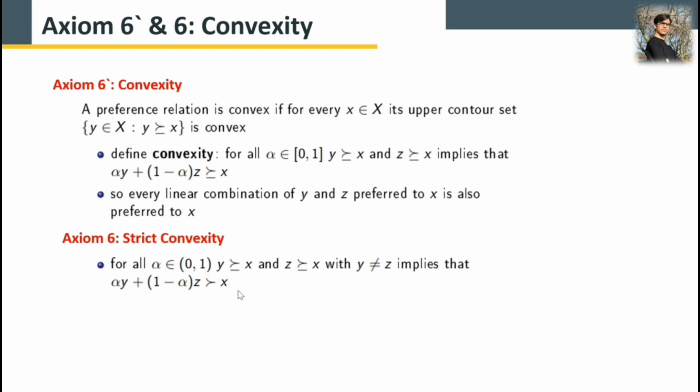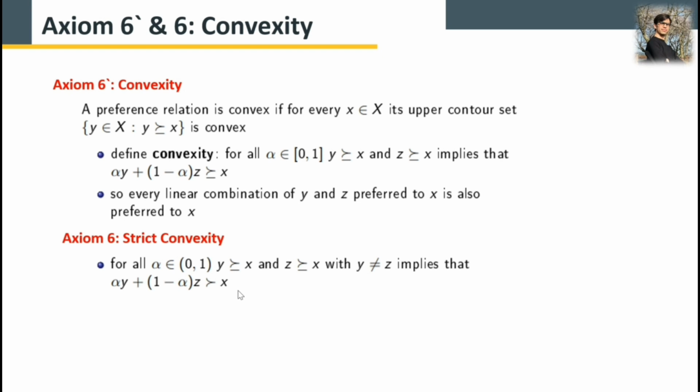So this axiom demonstrates that when y is at least as good as x and z is at least as good as x, but y is not equal to z, then any point between y and z is strictly preferred to x. So this is the axiom of strict convexity.